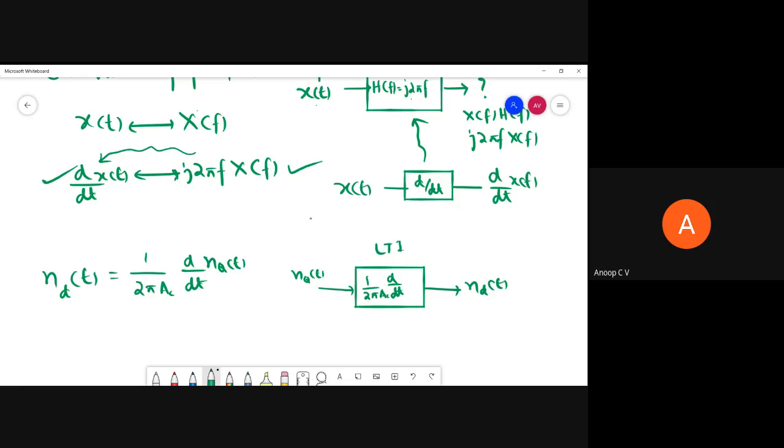This 1 by 2 pi ac you can see as a gain or attenuation, and then this d by dt.